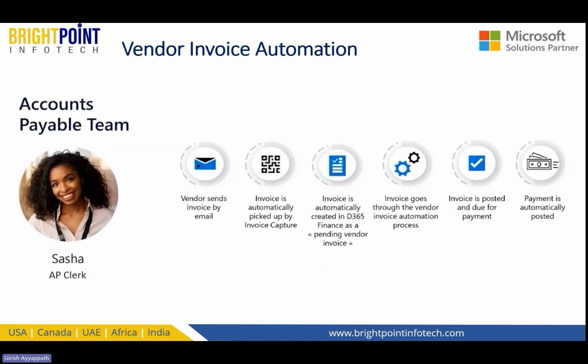So when we receive the invoices, we convert them to a digital record. We can also automate the verifications based on each organization's policies, such as matching with the purchase order lines and applying the prepayments.